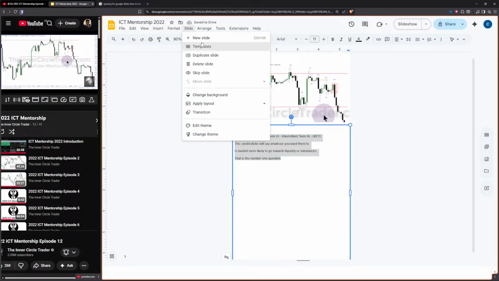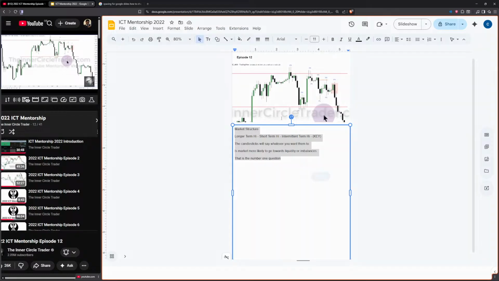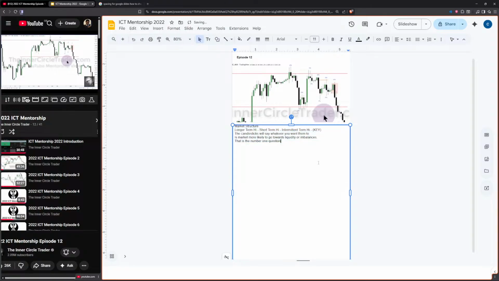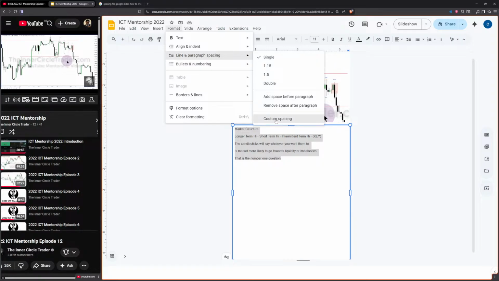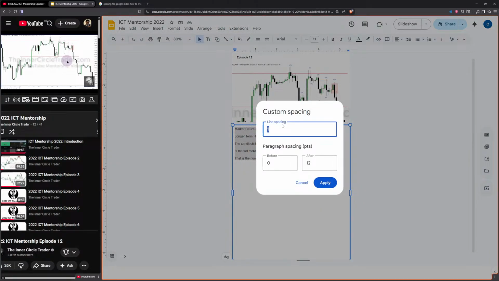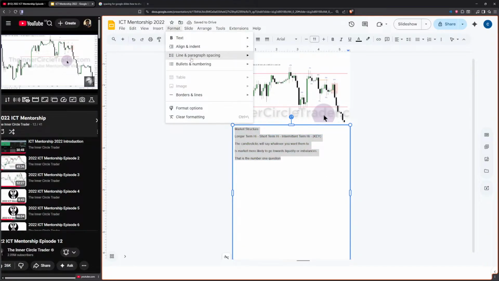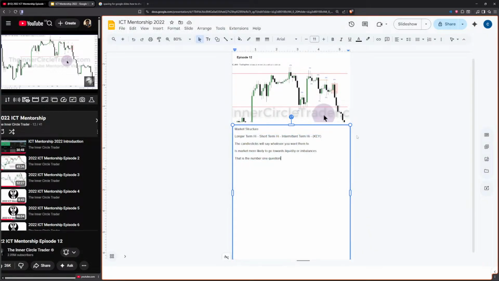So where can I make it smaller? Ew. Whatever.